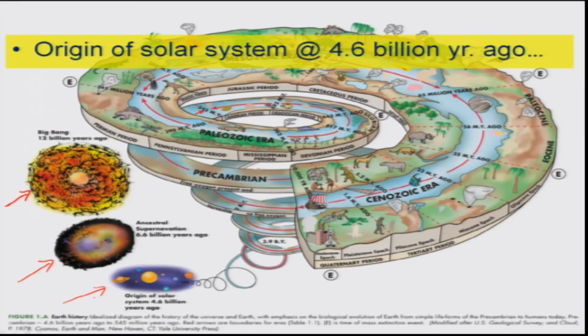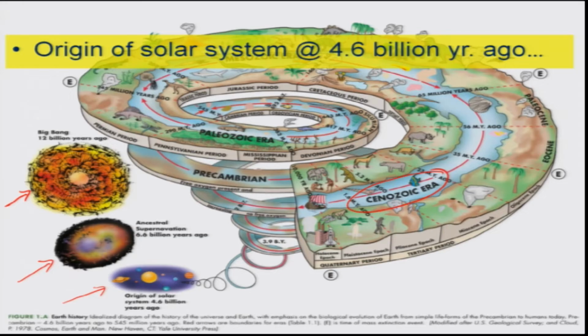it talks about the various eras, then the epochs, and then the periods. These are the different time frames, what we call the geological time scale, which has an era, then you have the epoch, and then you have the period.